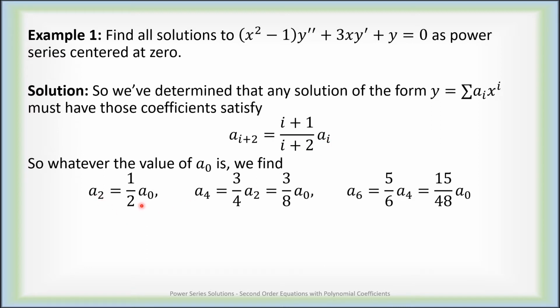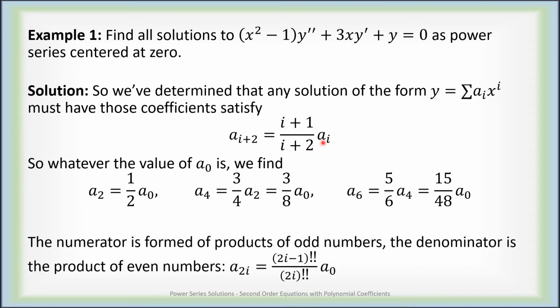So a_2 is 1/2 a_0. a_4 is 3/4 what we just found, which becomes 3/8 a_0. a_6 is 5/6 what we just found, or 15/48 a_0. All of these even terms are now going to be expressible as some number times a_0. We just need to come up with a formula for that number.